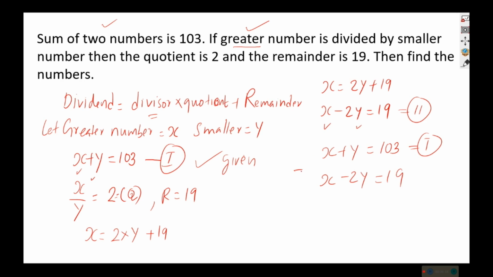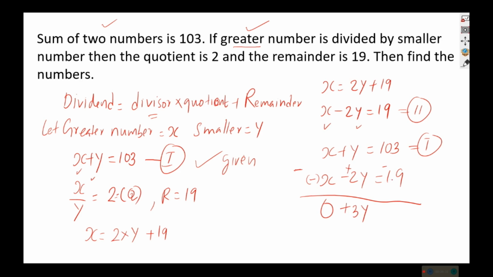Subtraction is the opposite of addition. We will simply change the sign and add. This becomes minus and this becomes plus, and here it will become 0, and the y and 2y become addition, naturally 3y.